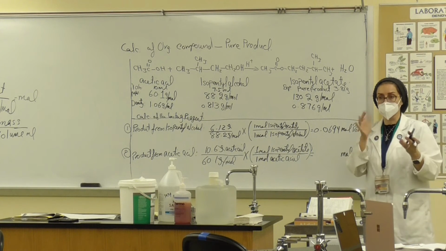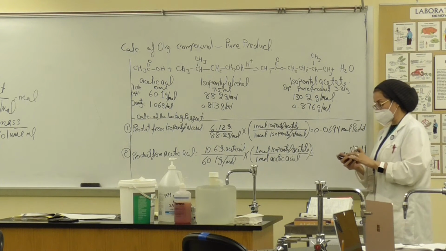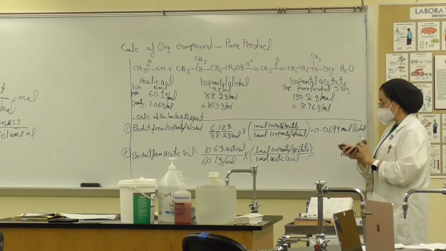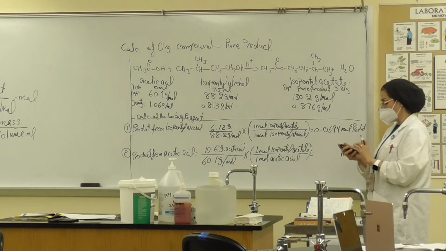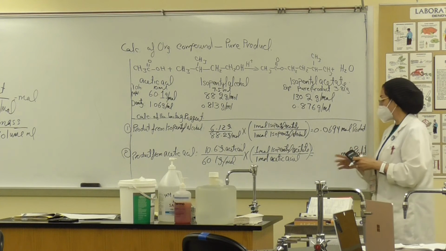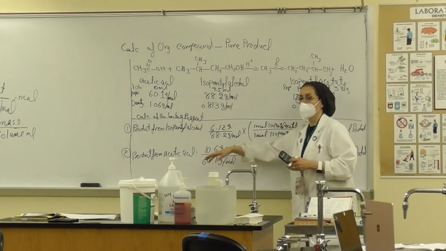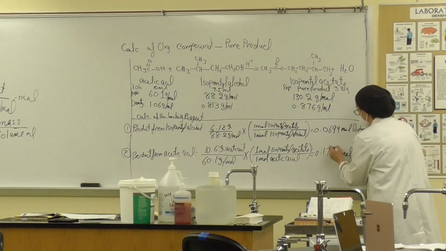So everybody remember that? So now we're going to do the same thing. I'm going to divide 10.6 divided by 60.1, and what did we get when you divide those two? 0.176.